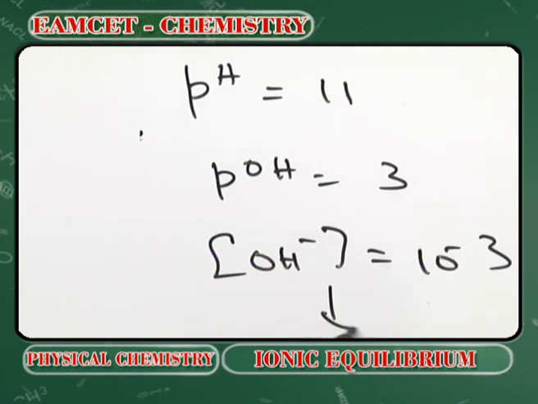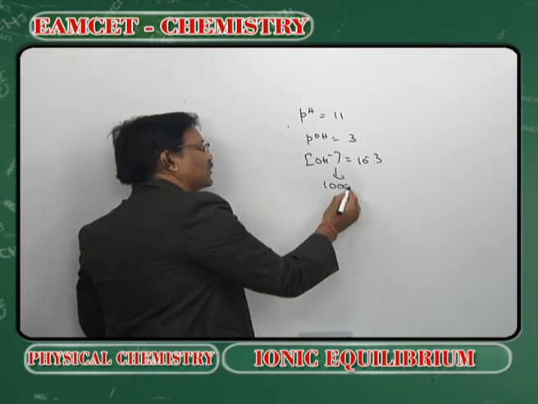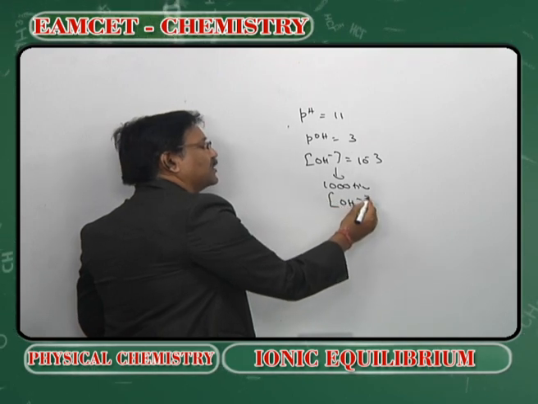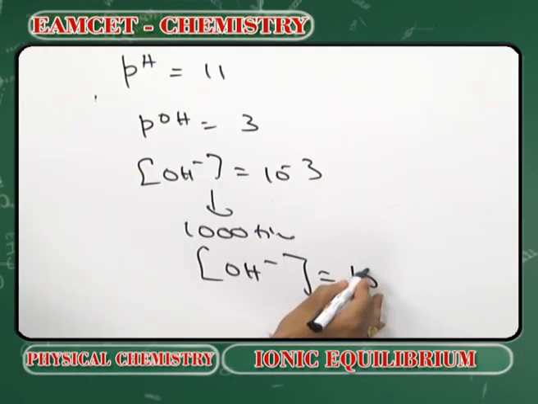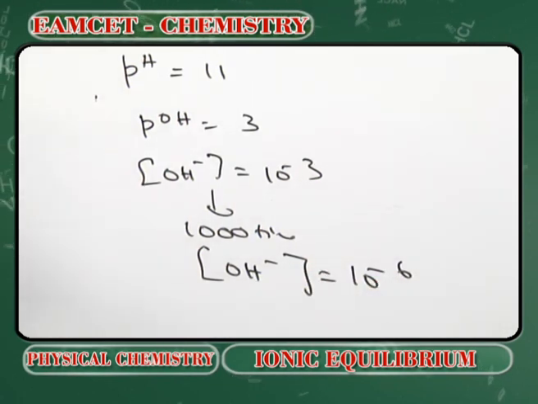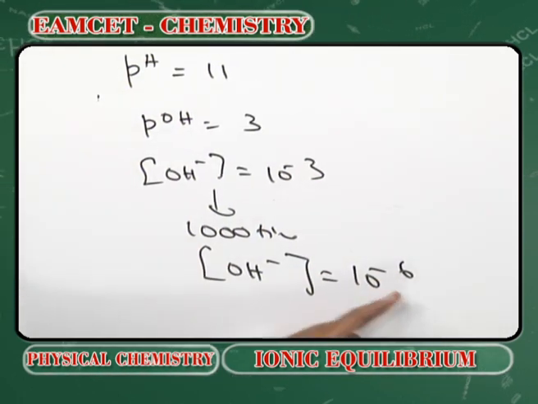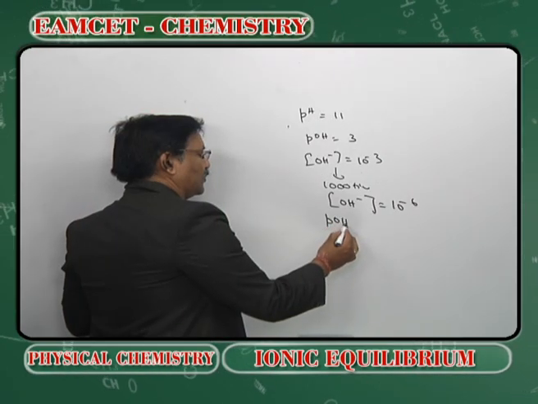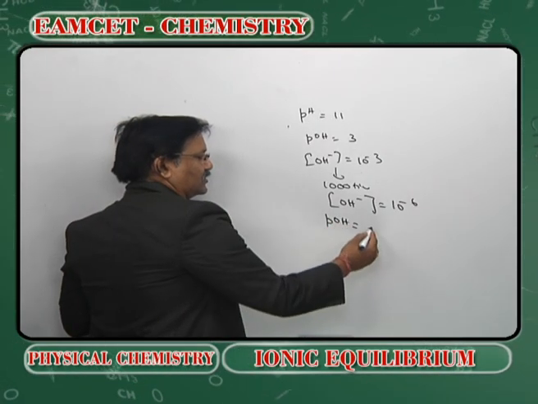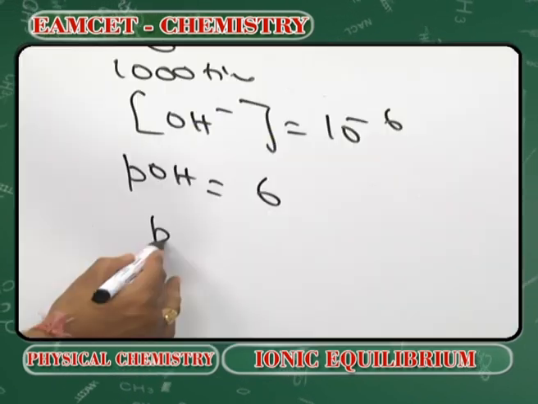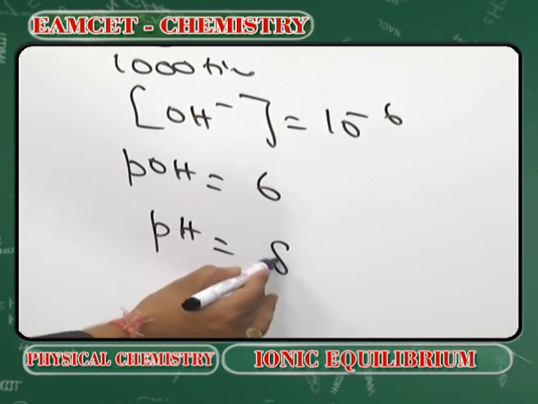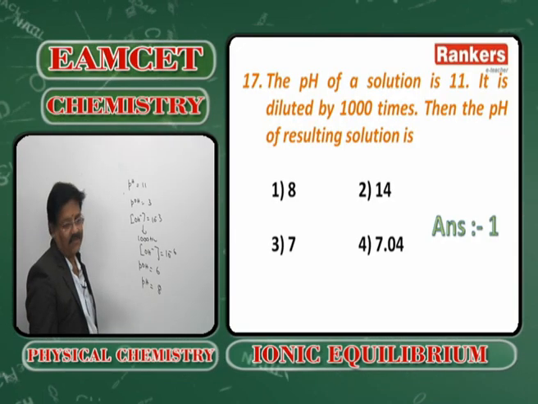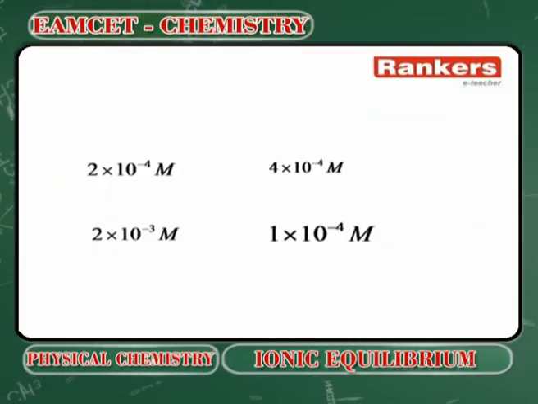When it is diluted by 1000 times, the OH minus ion concentration becomes 10 to the power of minus 6. pOH will be equal to 6 and pH will be equal to 8. Option 1 is the answer. Next question.